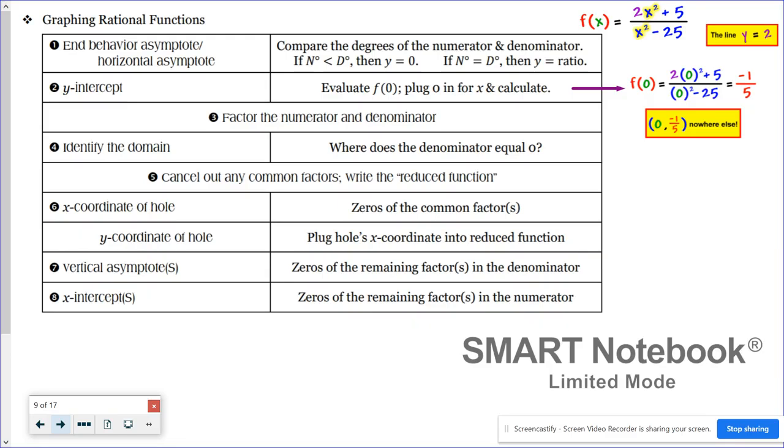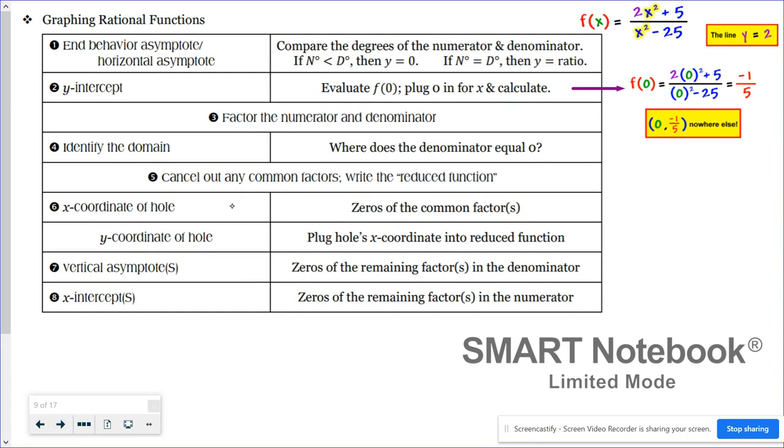Then find your y-intercept: plug in 0 for x and calculate. Once you've done those two things, then you can factor the numerator and the denominator. You can identify the domain by asking yourself, where does the denominator equal 0? And then you can cancel out any common factors and write that reduced function.